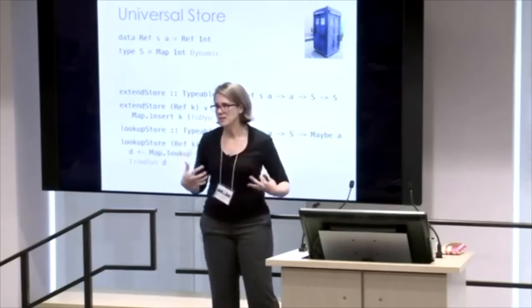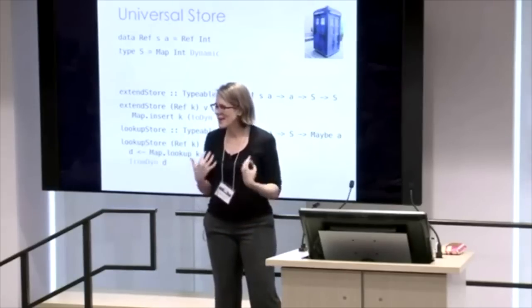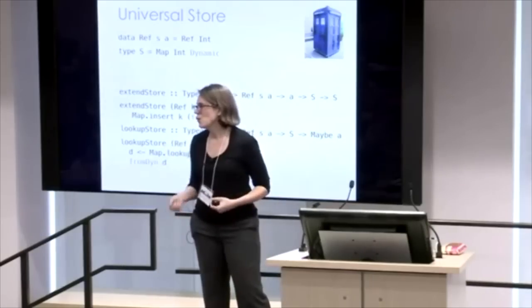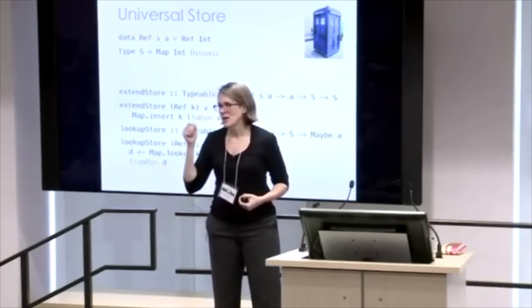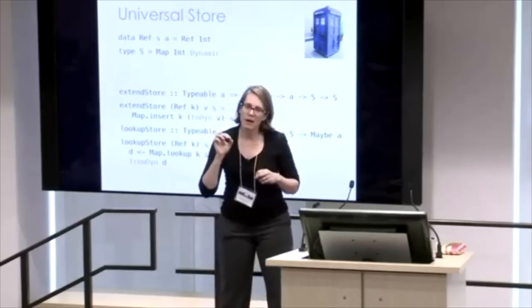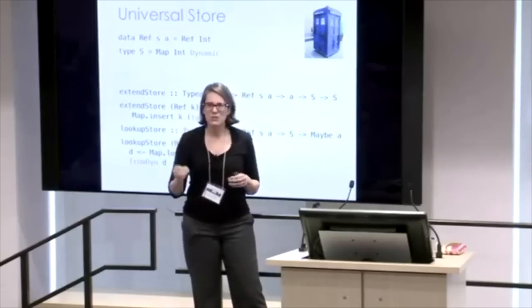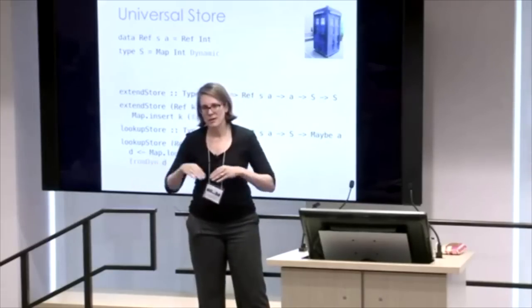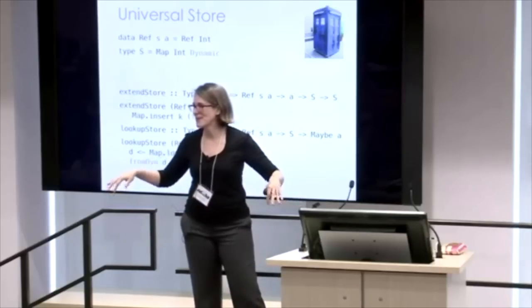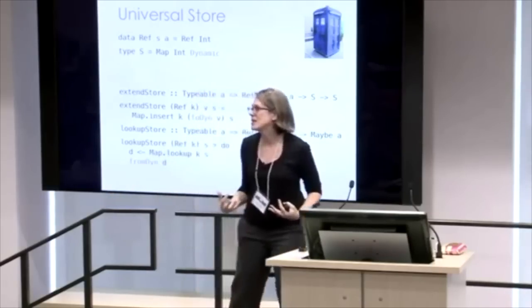Now, as implementers of our ST monad, we have an invariant. We know that when we allocate references, we're only going to allocate one reference for every type. We're not going to have reference 3 map to both booleans in one part of the program and ints in another part of the program. That's going to be an invariant of our implementation.